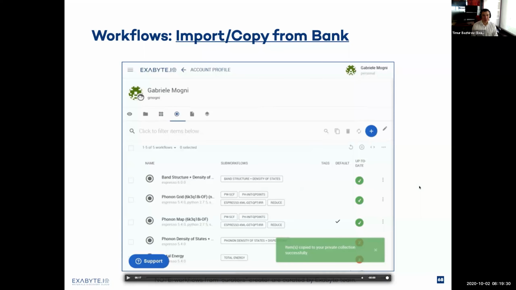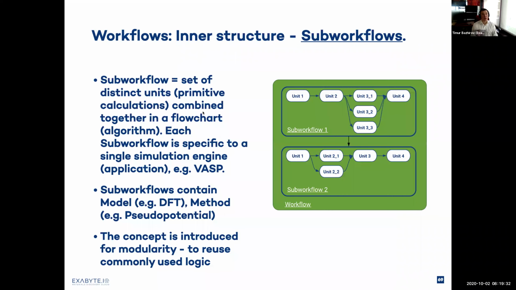To edit workflows after we have copied them, we need to understand a little bit more about the structure and the way that we represent the workflows. We utilize a data-driven approach. Instead of storing the logic as a Python script or a shell script, we store it as a static data structure.